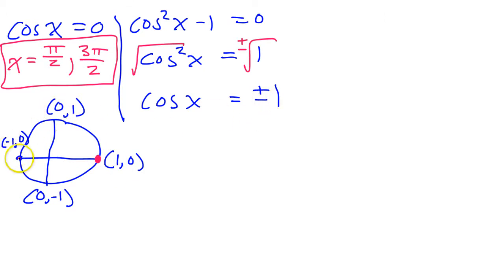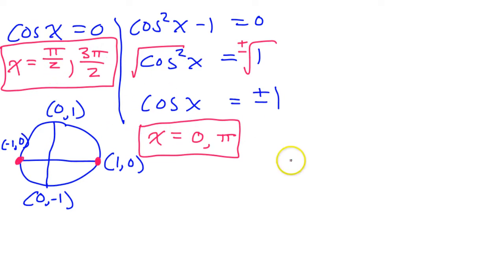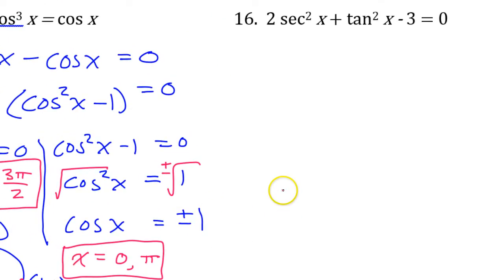We're also looking for that, so that'll be a solution. And then the other x value is 0 again. But both of these angles are solutions, so that will give us two additional solutions of 0 and pi. Okay, so these are the 4 solutions to the original equation.